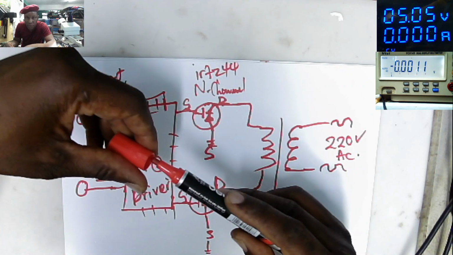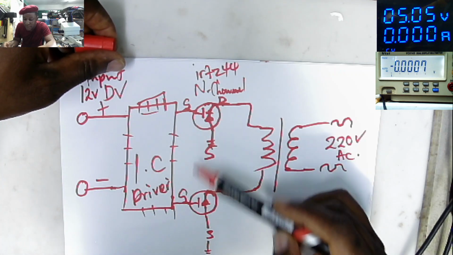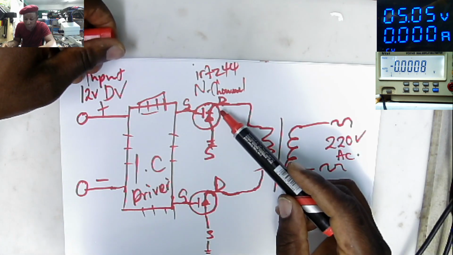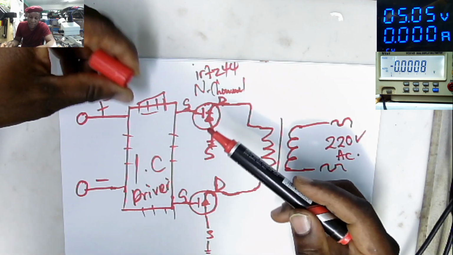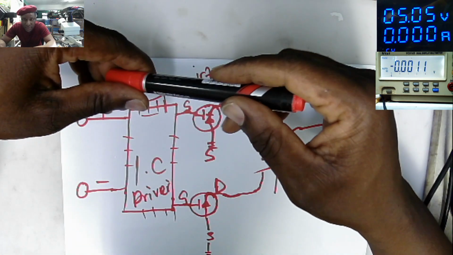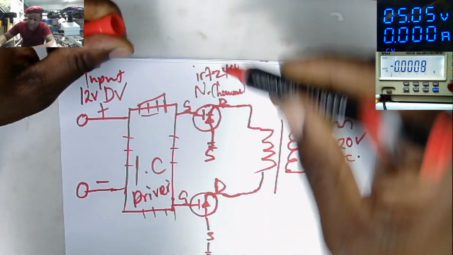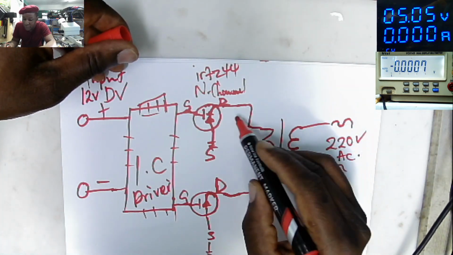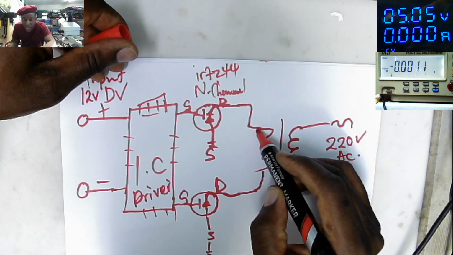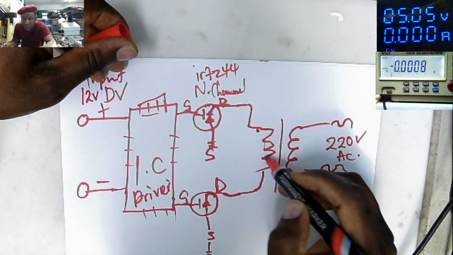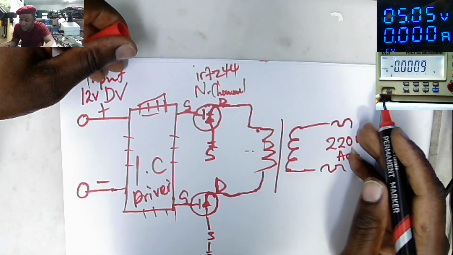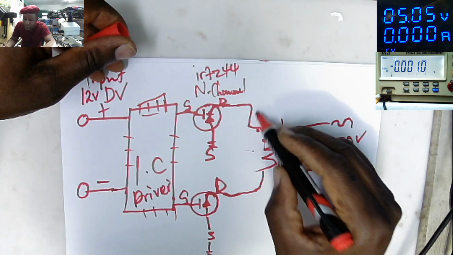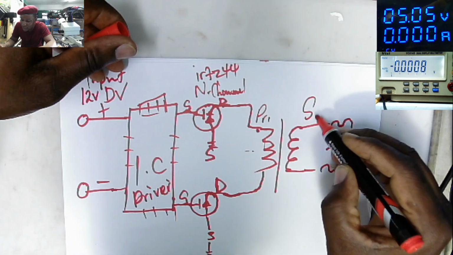The AC will be lower voltage, and these switches are switching up and down, up and down, more than 40k per second. In that way we have voltage on the drain here, which will come to the primary stage of the transformer, and the transformer will then boost the voltage to the secondary. Okay, that's the primary stage, and that's the secondary stage.